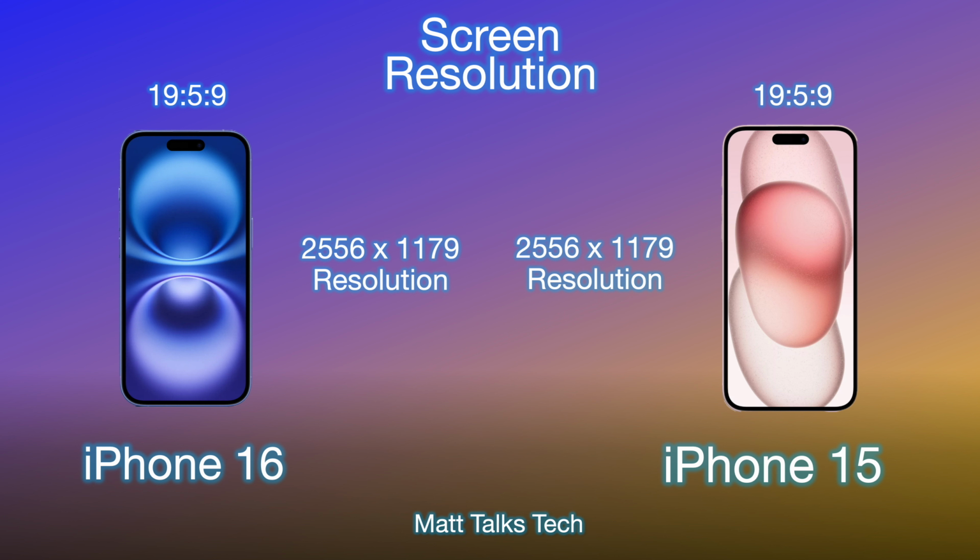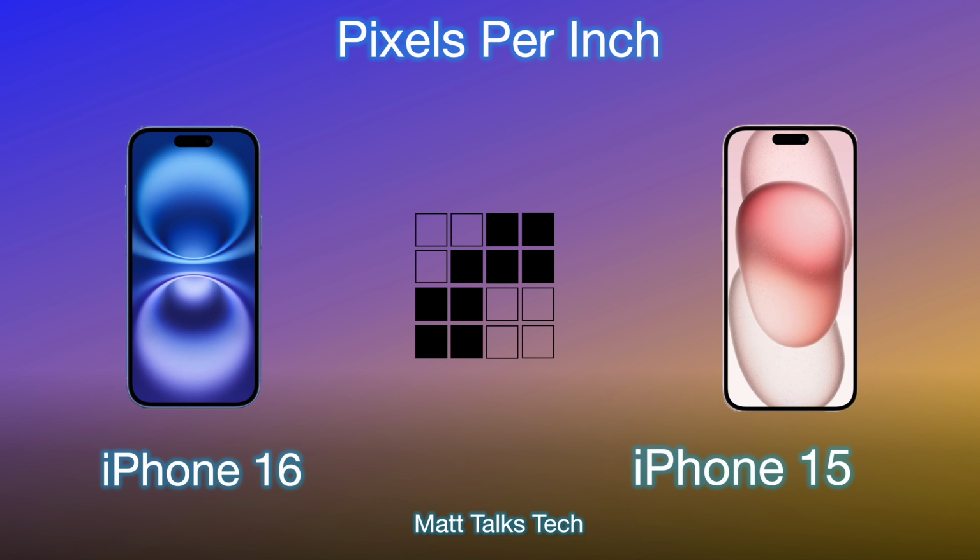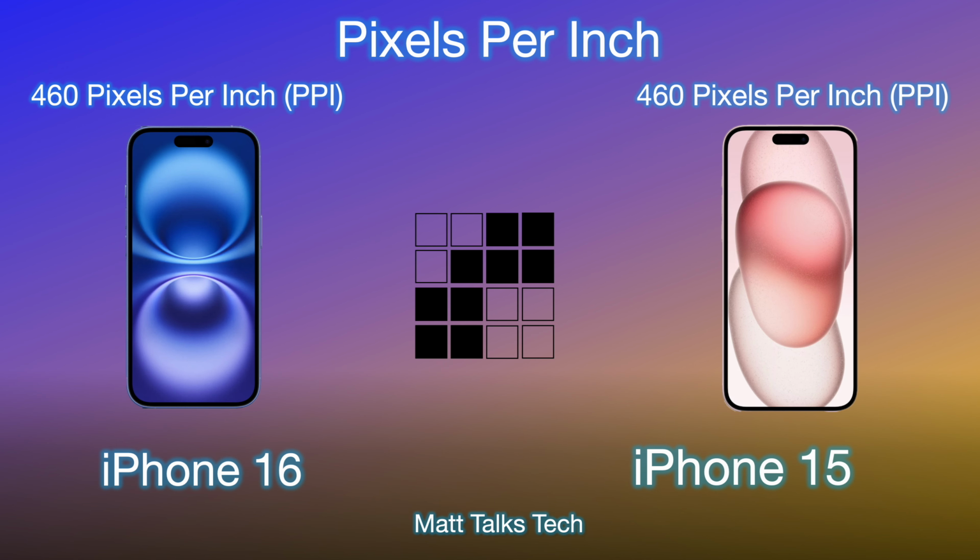And even the screen ratio, the 19.5 by 9, exactly the same again. No differences here whatsoever. But what does that mean for clarity of the picture then on both of these phones? Well, interestingly, for pixels per inch, what we actually have here is 460 pixels per inch, or PPI, in the clarity in both of these phones. So exactly the same there.